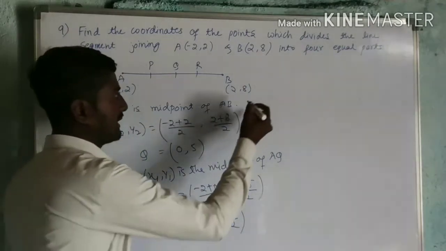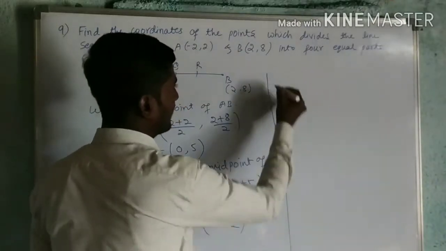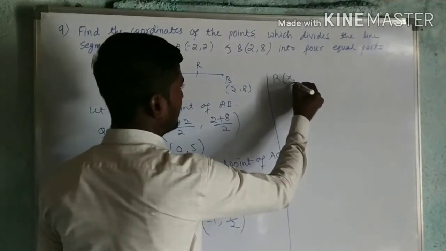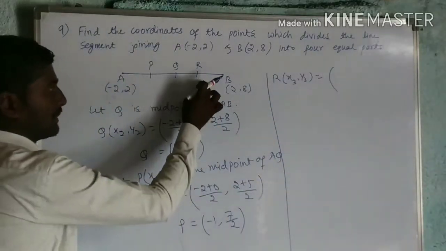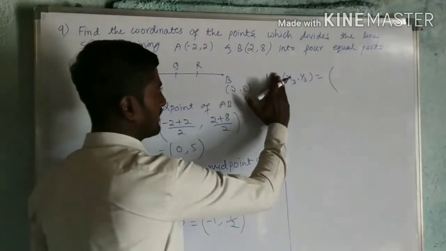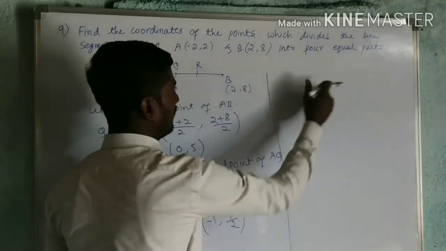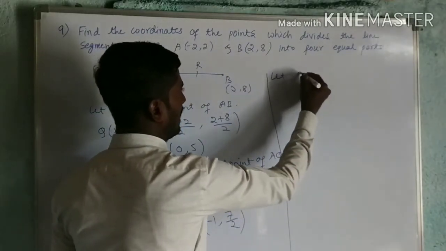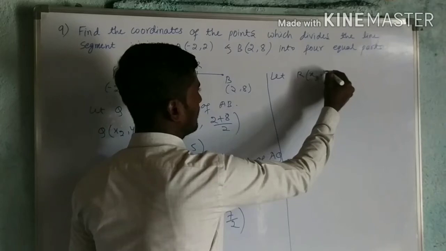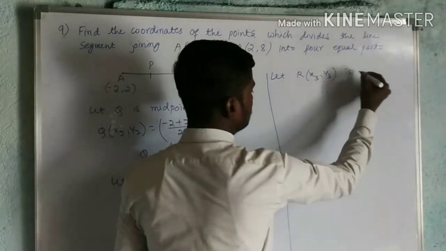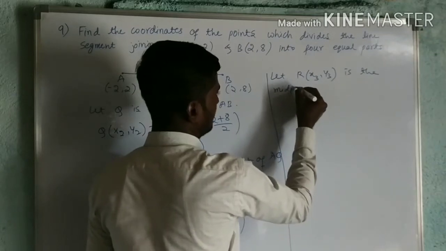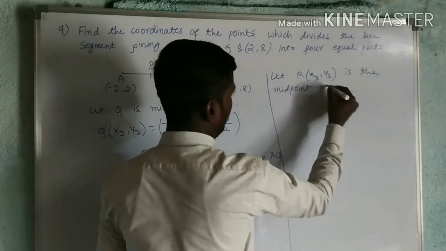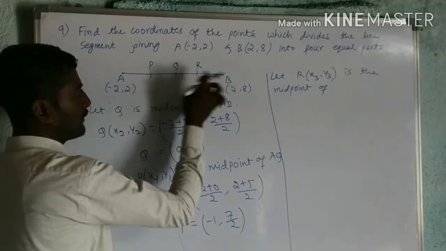Then the last point, R, we have to find. Let R, x3, y3, be the midpoint of QB.